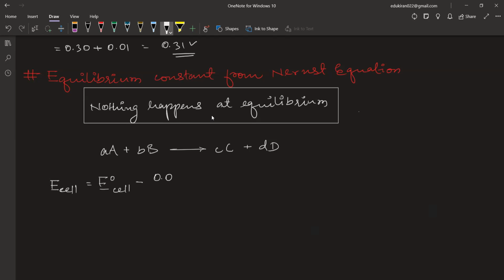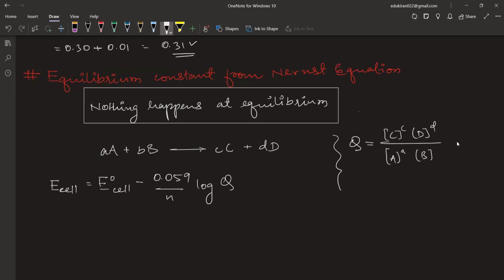It will be equal to 0.059 divided by the number of electrons, log of Q. So if you remember Q from equilibrium, Q is known as the reaction quotient, which is equal to products upon reactants, that is C to the power c, D to the power d, A to the power a, and B to the power b. Q is just a small word for writing all of this.